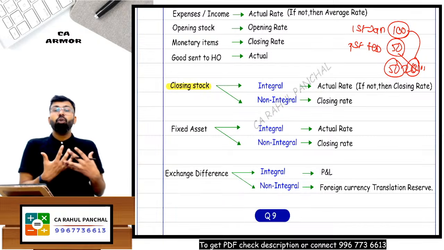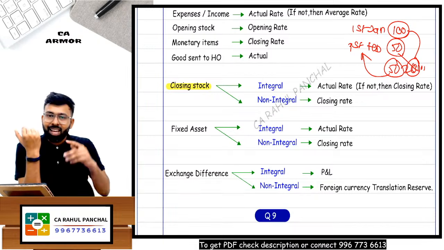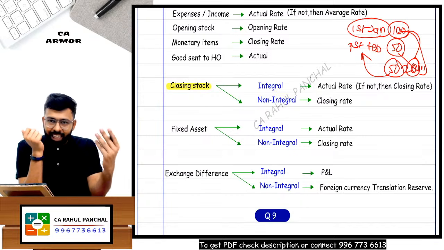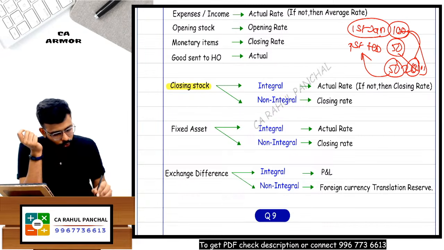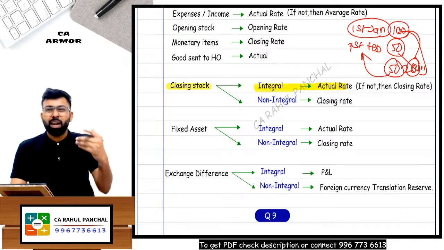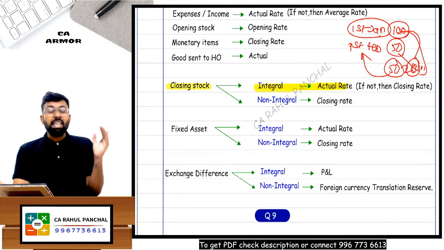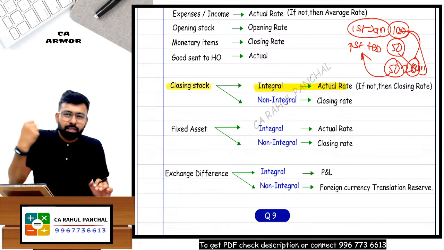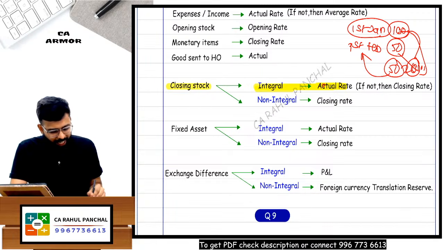What rate will you take for these 50 units? You will take the actual rate of 1st Feb, and for these 20 units from 1st Jan, you will take that rate. So for closing stock, you should take the actual rate in case of an integral operation, because it is my operation only. Integral means it is part of my company only, that branch is dependent on me, so you will take the actual rate.